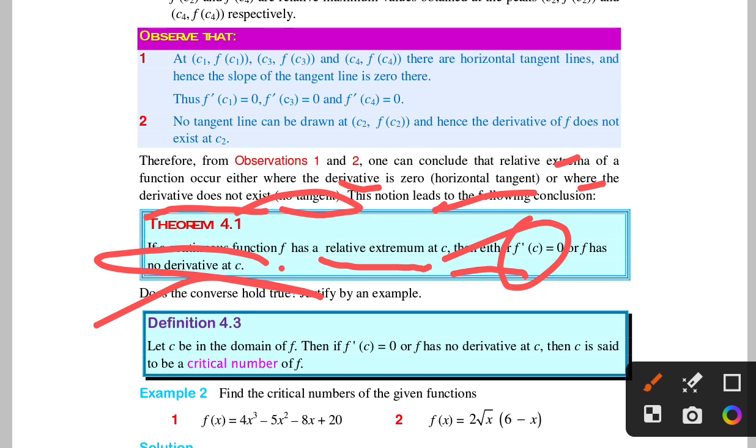The difference between relative extrema and absolute minimum and absolute maximum is this.